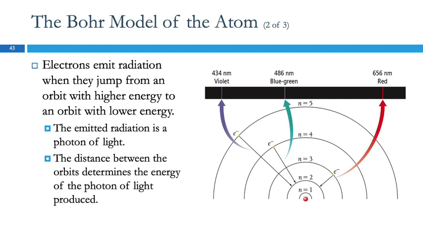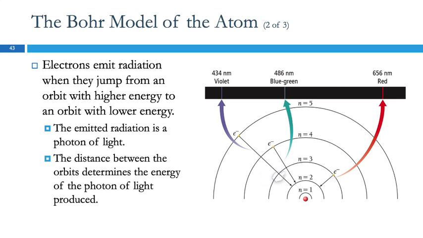So this is n equals 1, 2, 3, 4, and 5. An electron with the principal quantum number 5 is going to be in a larger space, and it's going to have more energy. An electron with a smaller n is going to be in a smaller space and have smaller energy.